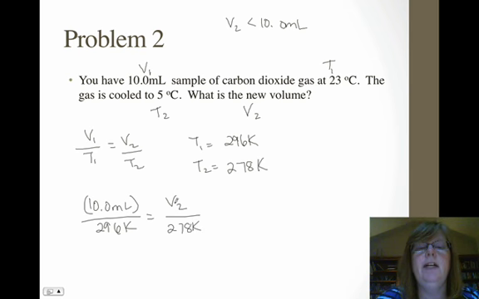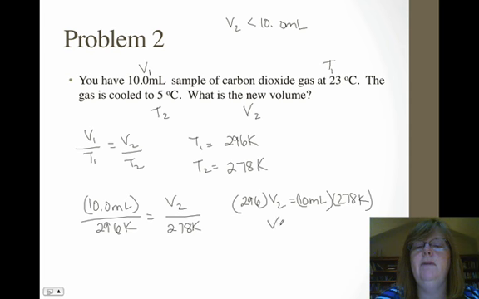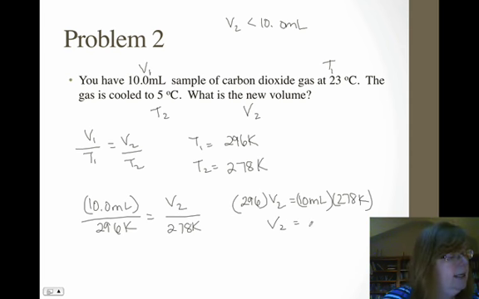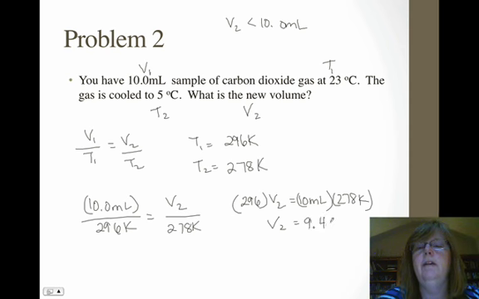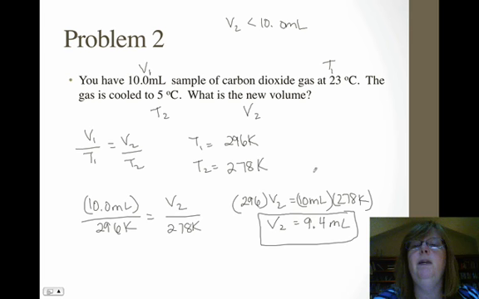So the algebra here is I cross multiply, so we get 296 times V2 is equal to 10 times 278. And then when I solve for V2, V2 is 9.4 milliliters. Did our volume go down? It did. We cooled it down and our volume went down. Really, that should be to 1 sig fig because there's only 1 sig fig here, so we could call this 9 milliliters.